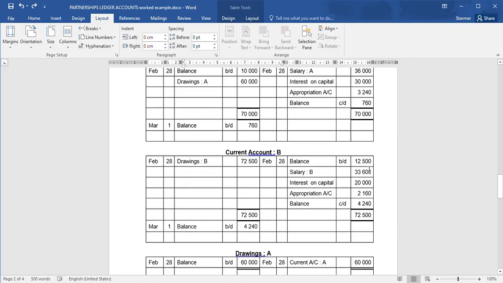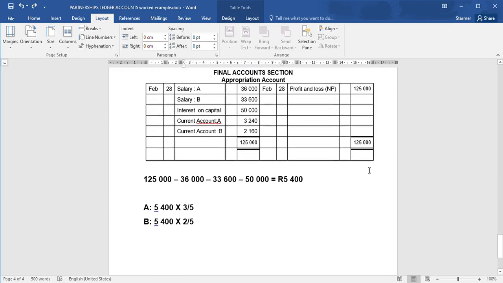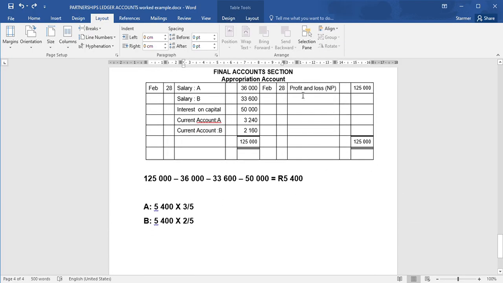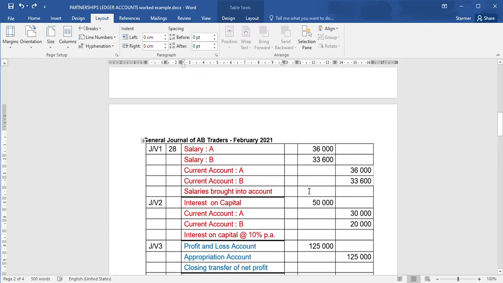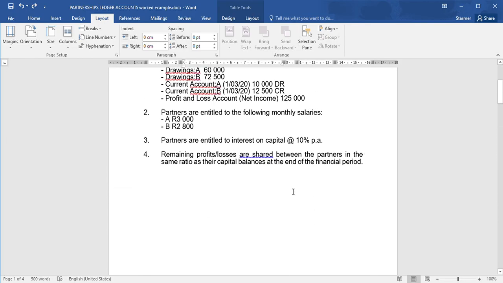Now to calculate that amount, let's just look at the ledger account because it's easier to see. We started off with the net profit. We used that net profit here for the salary of A, 36,000, the salary of B, 33,600, and the interest on capital of A plus B of 50,000. So your remaining profit was 5,400, and in the question they tell you at the top here that the remaining profit needs to be split in the ratio of their capital balances.